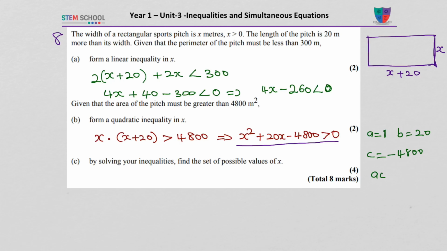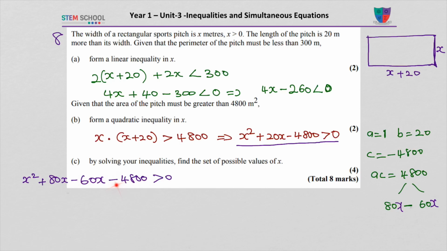So there's a common factor here, just x. And there's another common factor here, minus 60. So what I need to do is take out the common factor. x is common, so I get x plus 80, and minus 60 is common, so I get x plus 80.